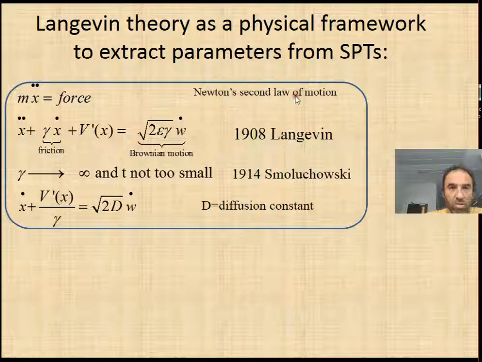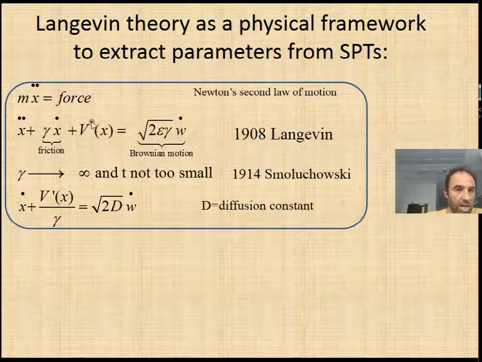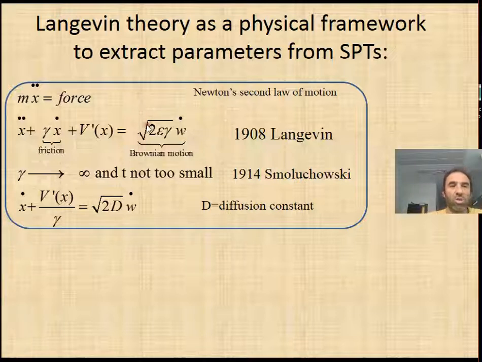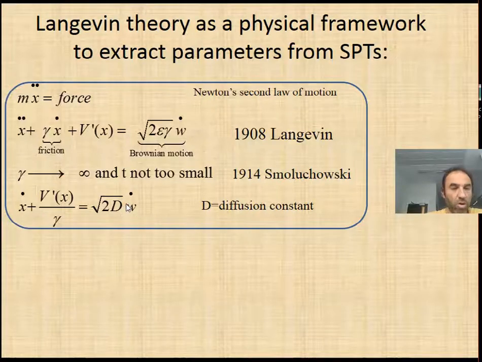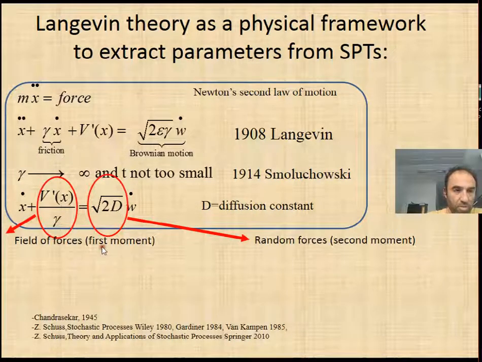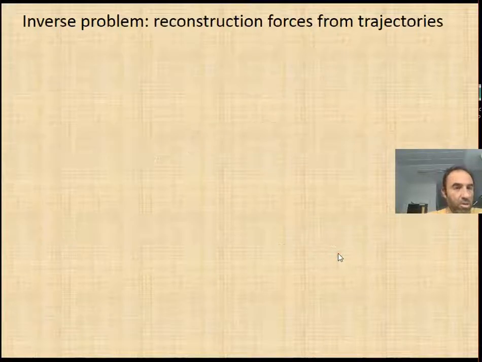Starting from Newton's second law of motion, m acceleration equals force, Langevin proposed to add a friction term and the Brownian collision to have a better description of the motion of a particle. In the large friction limit, gamma large, this equation reduces to this one, which is called the Smoluchowski limit, where the velocity is basically given by the force plus these Brownian terms. The first one is calculated from the first moment of statistics, and the second one by the second moments.